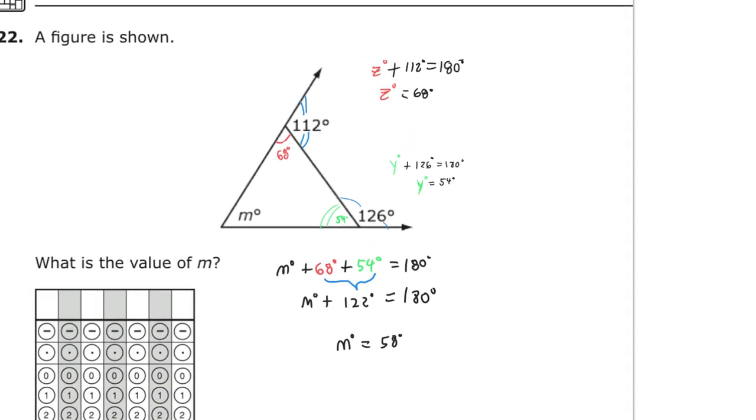You really would benefit also from understanding that you could call this any letter that you want. Like before we knew it was a green 54, what did we do? We called it a green y. Right? We took initiative and called this y.